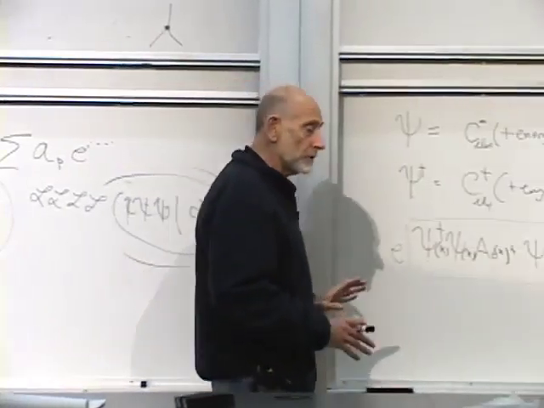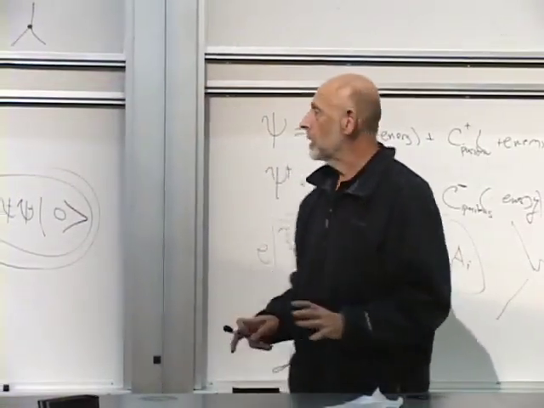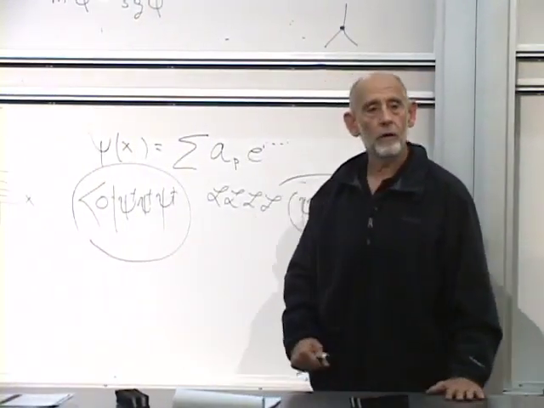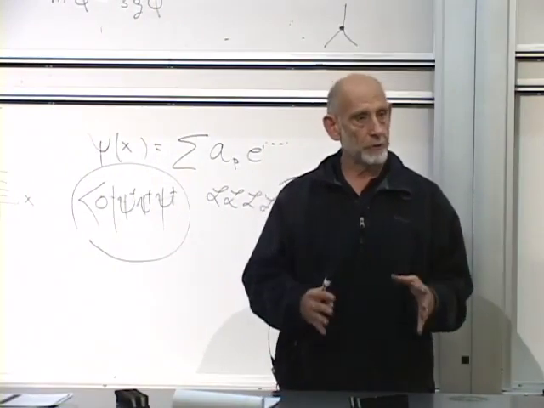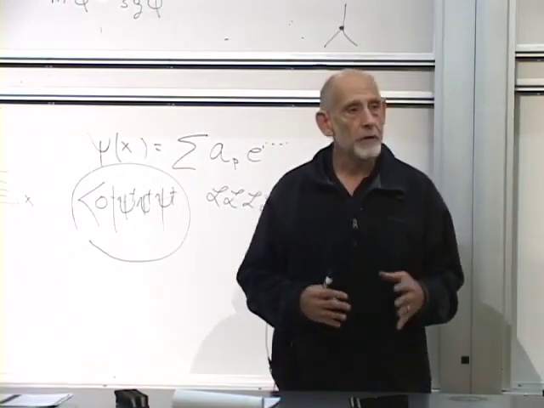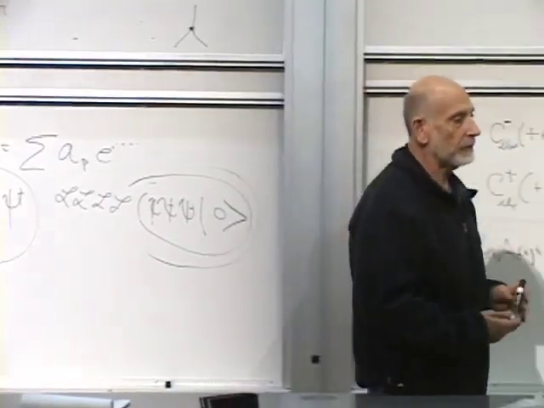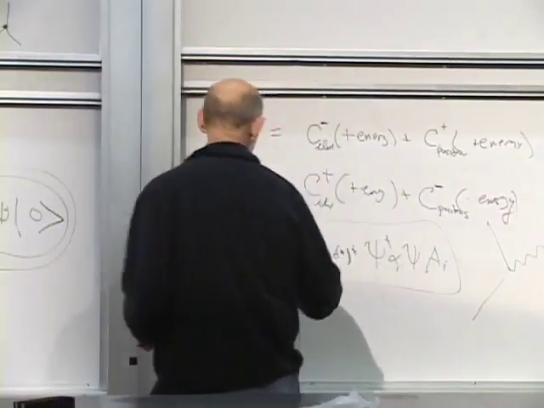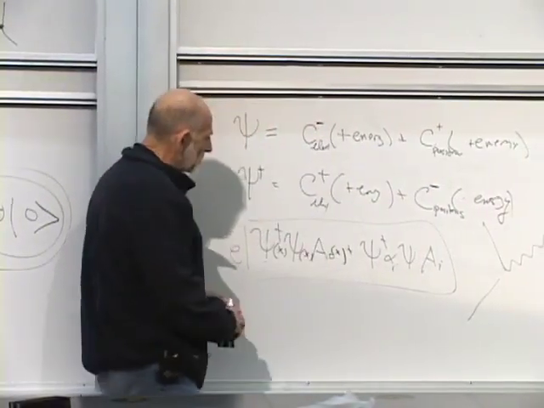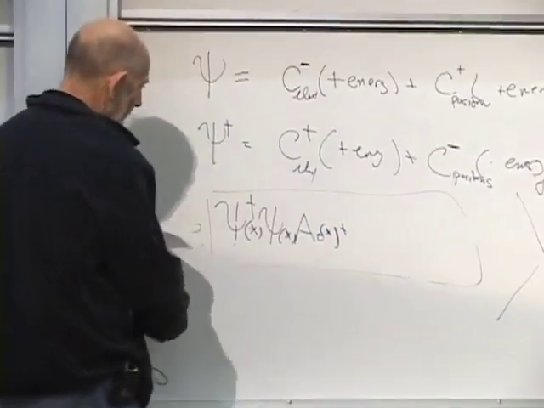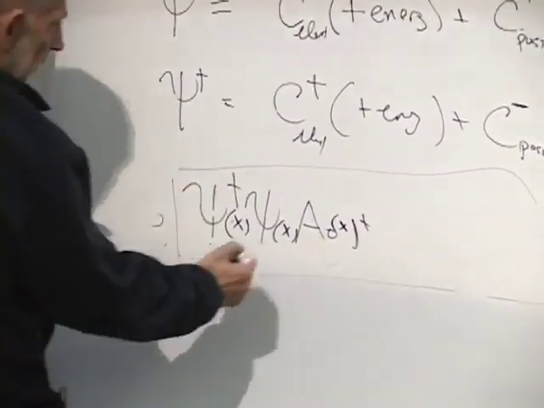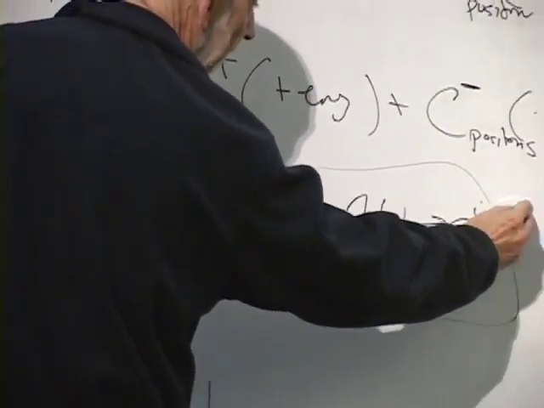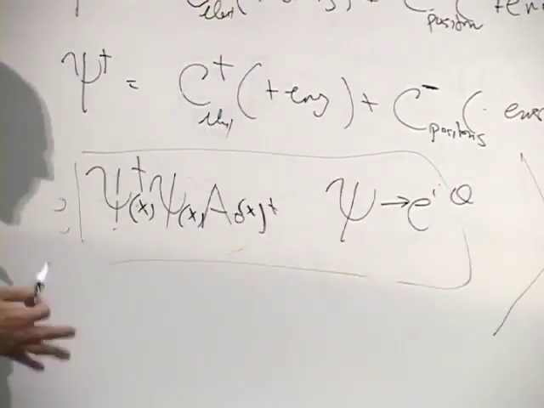The main point for us is that the interactions, the basic interactions, are coded in simple expressions involving field operators. The reason we're going there is because that makes it very easy to think about symmetries. For example, this term in the Lagrangian has a symmetry. What is that symmetry? We've talked about it before. The symmetry is multiplying psi by e to the i theta, where theta can be anything.